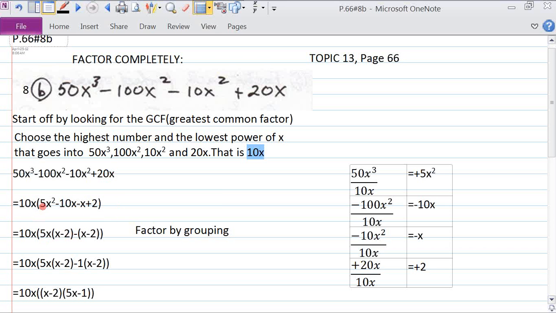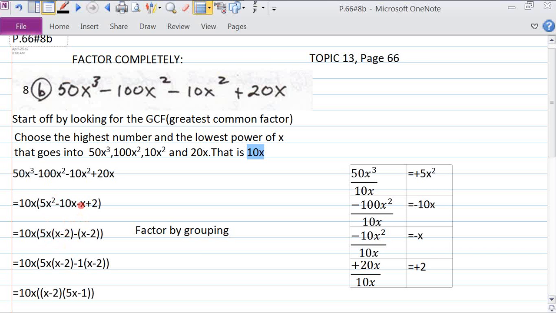Now what I'm going to do is group by factor here. So I'm going to say, okay, what can I take out of these two terms? What's common to it? And it's 5x. So 5x times x minus 2: 5x times x gives me 5x squared. 5x times minus 2 gives me minus 10x.